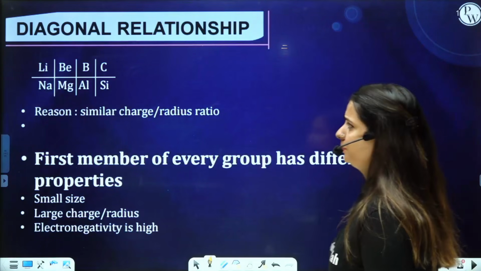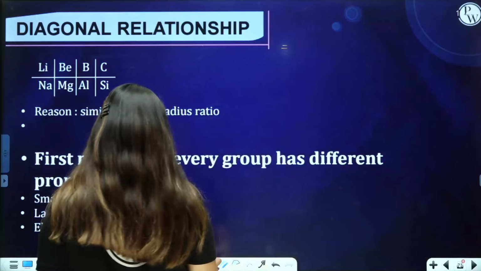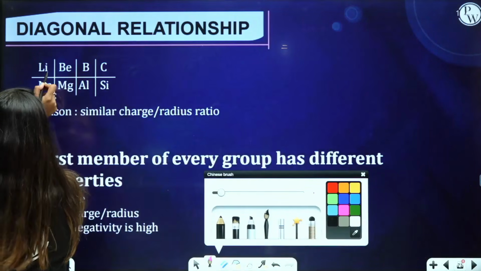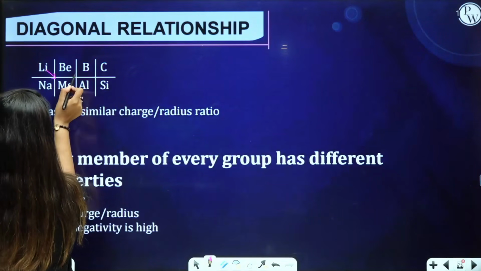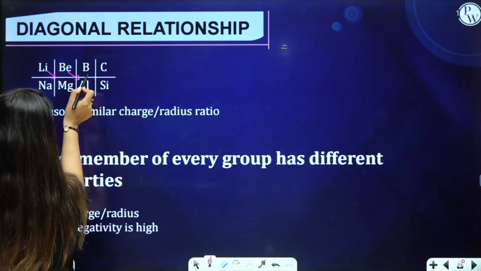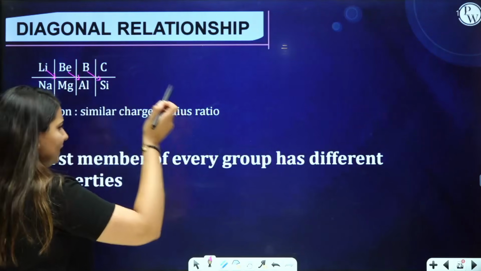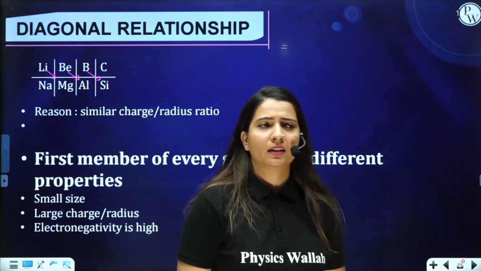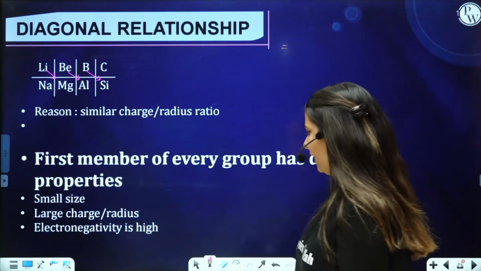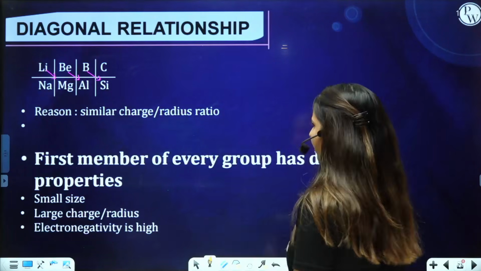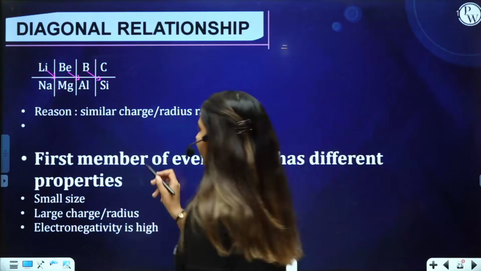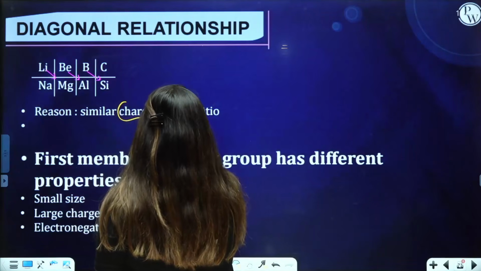Diagonal relationship. There are elements which have a diagonal relationship. Lithium has properties similar to magnesium, beryllium similar to aluminium, and boron has similar properties to silicon. Why do these elements have similar properties? Just one reason: they have similar charge by radius ratio.